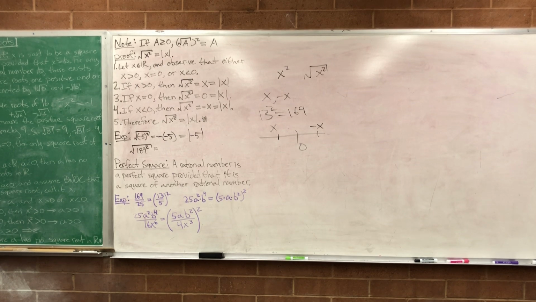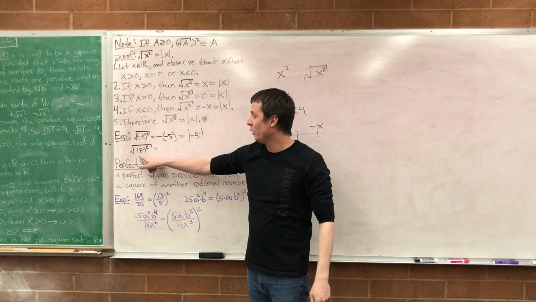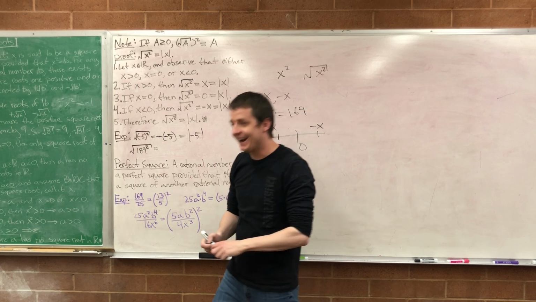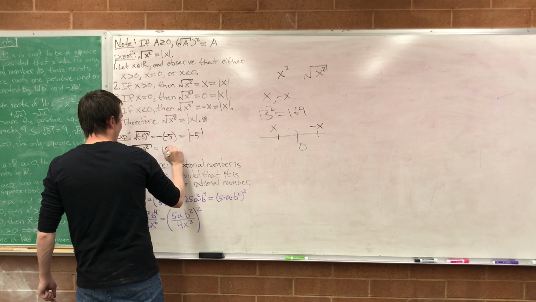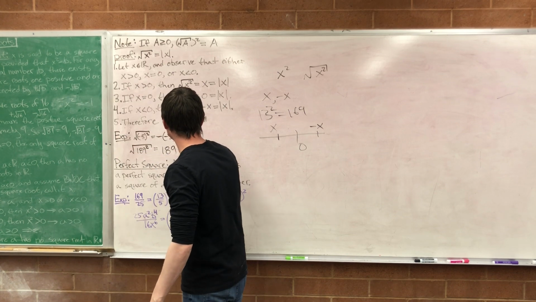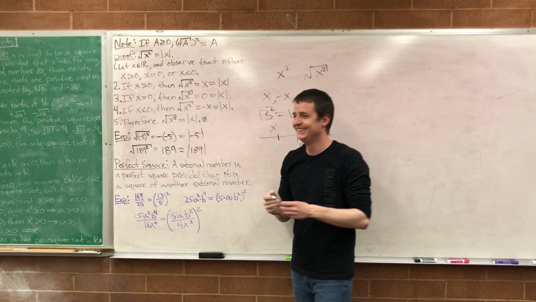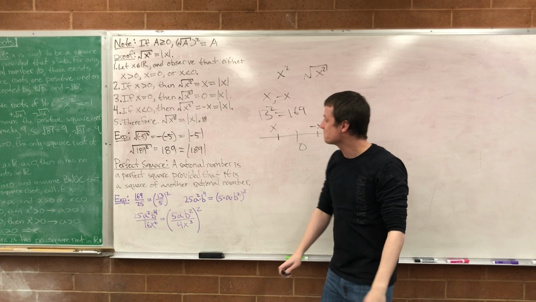Take a step back from the problem. The square root of 189 squared is 189. I was so confused. 189, which is the same thing as the absolute value of 189. That makes sense. Yeah, don't overthink it.